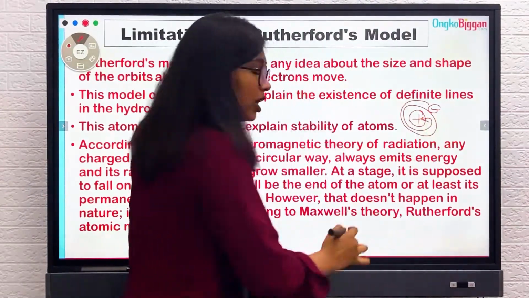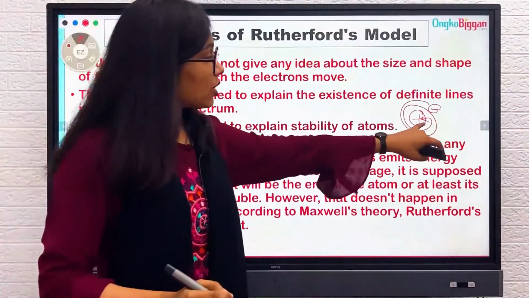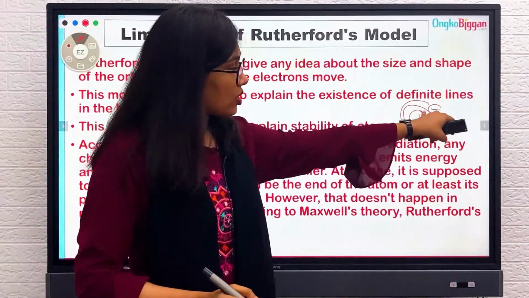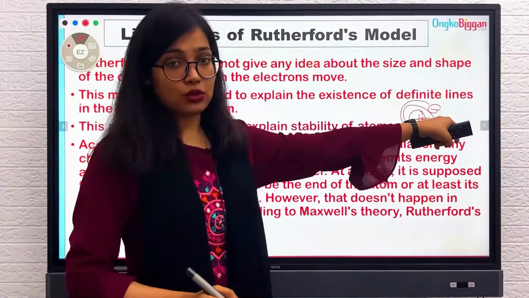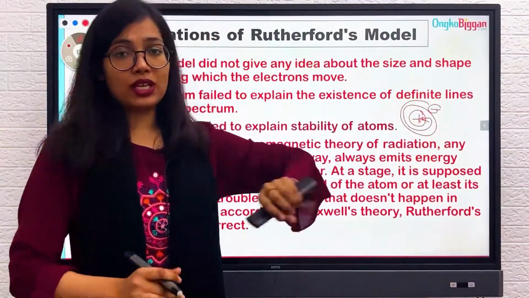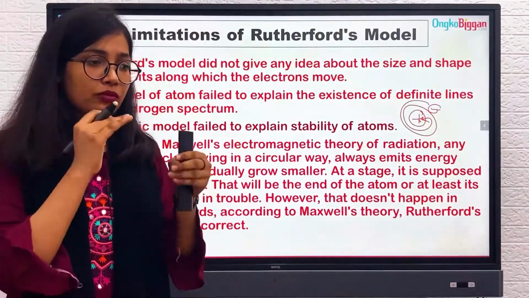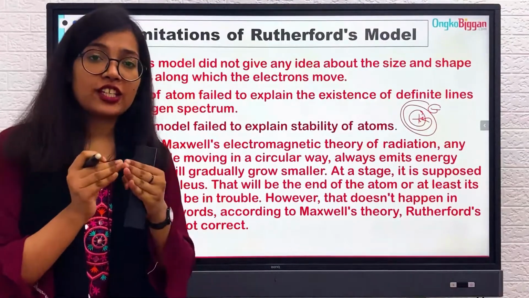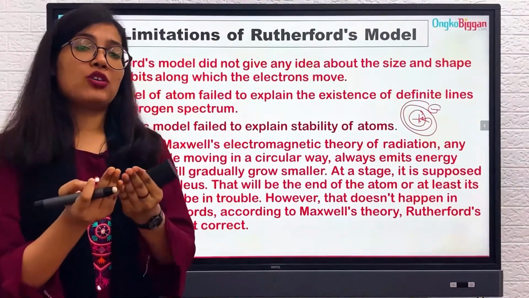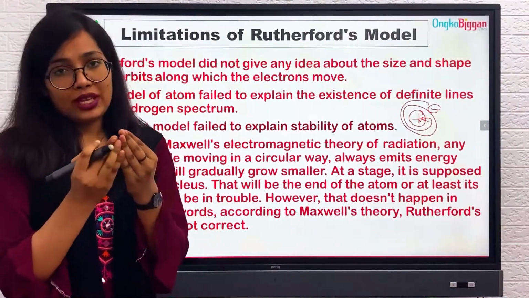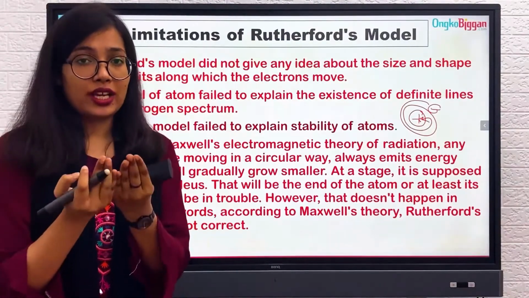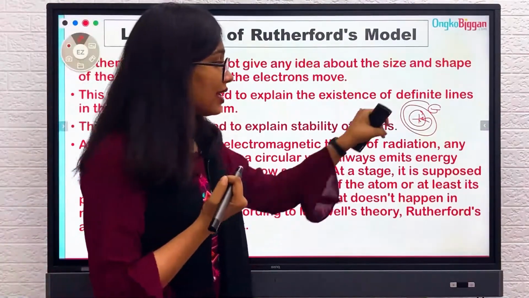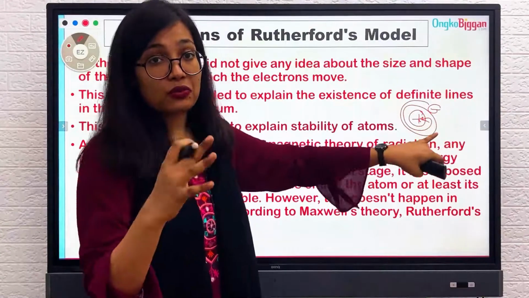At a certain point the electron will get attracted to the center and reach it, and the whole thing will get neutralized, because positive charge plus negative charge gives a total charge of zero. That's what Maxwell's theory was.